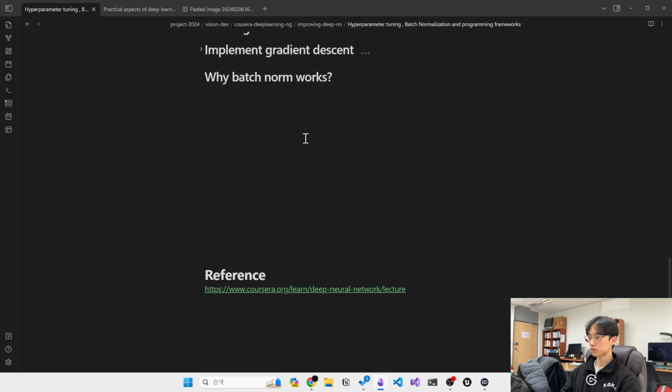But now let's uncover the left of the network again. The network is also adapting parameters W2, B2, and W1, B1. And so as these parameters change, these values a2 will also change. So from the perspective of the third hidden layer, these hidden unit values are changing all the time.